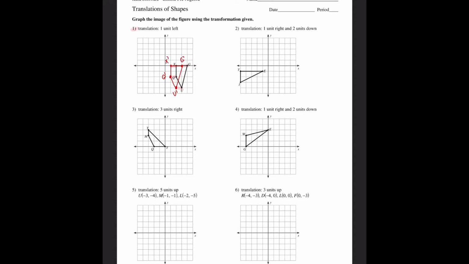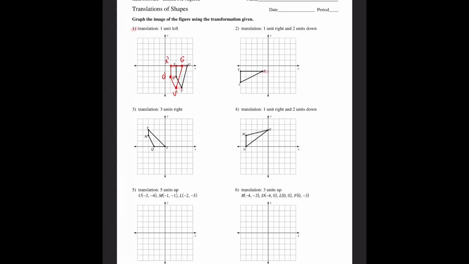All right, so let's do number 2 then, because number 2 has both a translation side to side and up and down, okay? So number 2 says move it 1 unit right and 2 units down. So take this point by point, okay? So point E, I'm going to move 1 unit right. Okay, so I would be there.